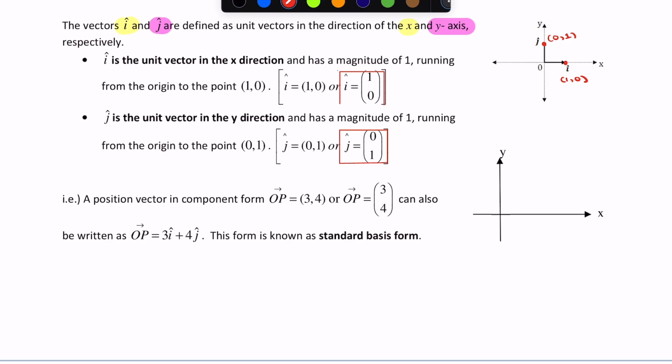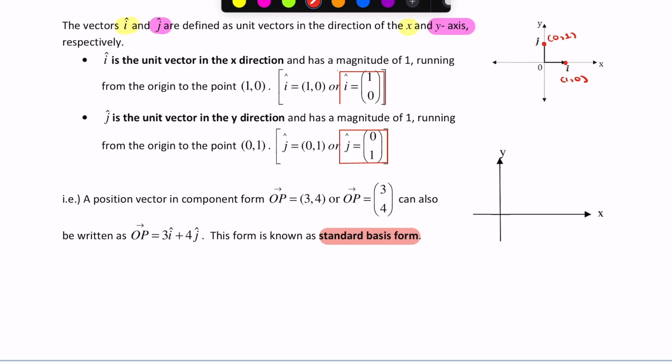For example, a position vector in component form, vector OP equals (3, 4), can also be written as vector OP equals 3i plus 4j, and this form is known as standard basis form.